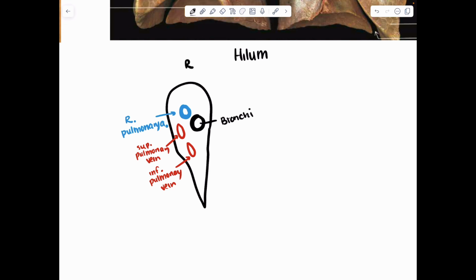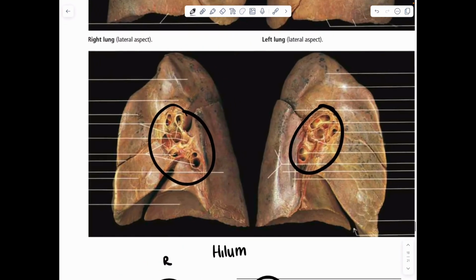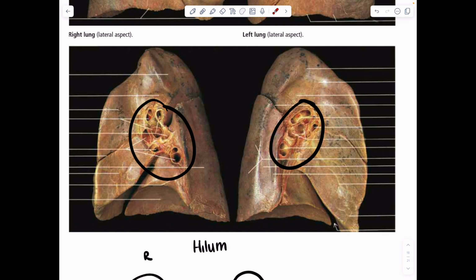When we look at the left lung, it's fairly similar. The only real difference when we look at them is that my artery is going to be a little bit different. You'll see this here, our artery is going to be a little bit, and you can kind of see here, this right here versus over here.